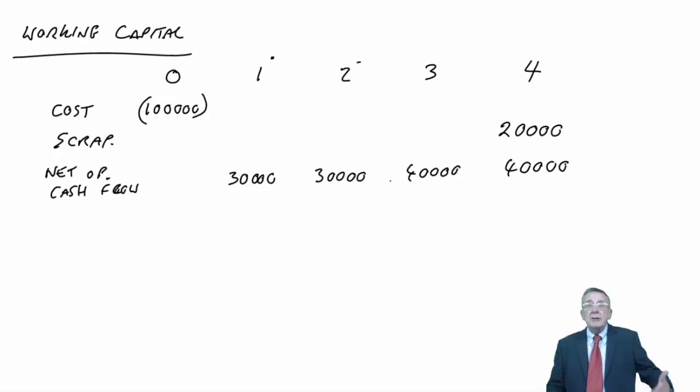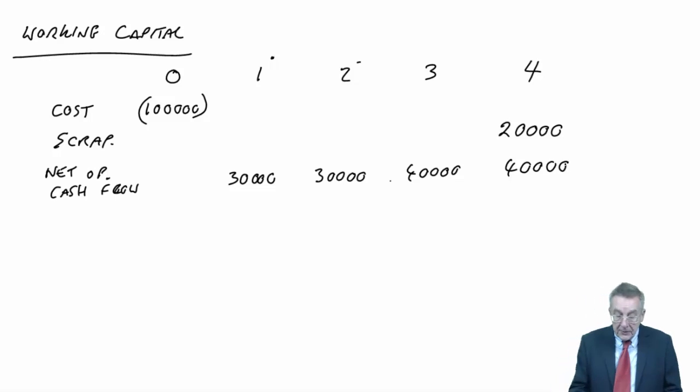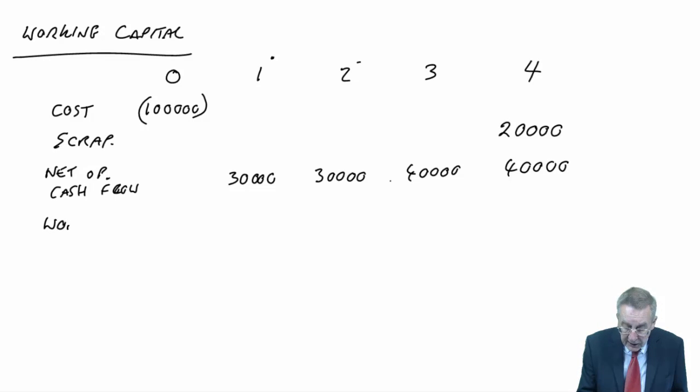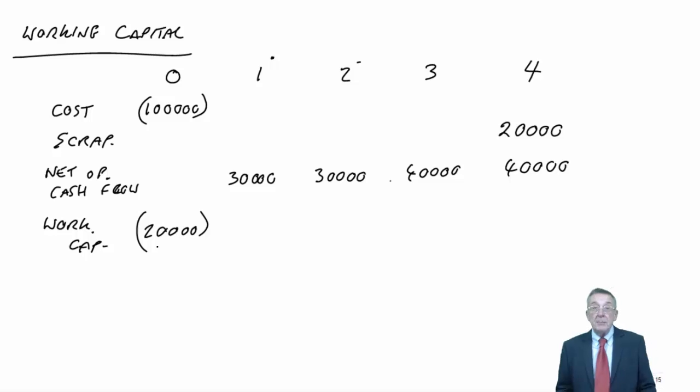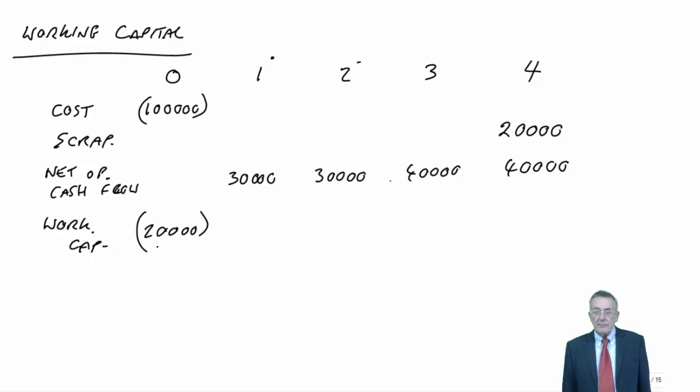To finance extra receivables if we're selling the goods on credit. So it's that sort of thing, inventories, receivables. But if we need this extra working capital of 20,000, then at time 0 now, not only do we need to pay out 100,000 to buy the machine, we need to pay out 20,000 to buy our inventories of materials, etc.